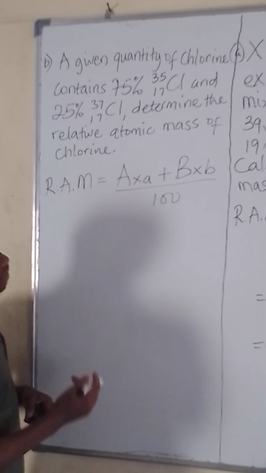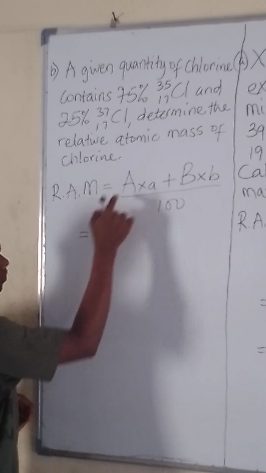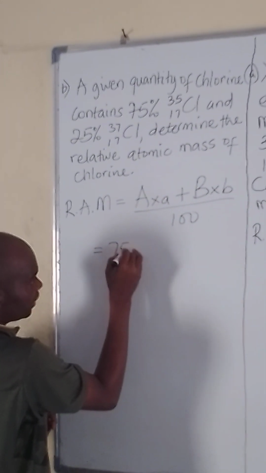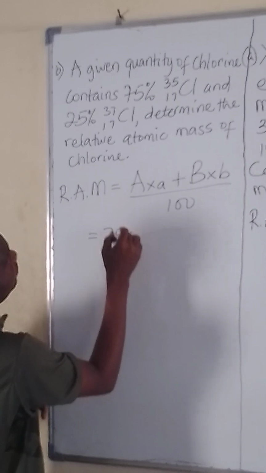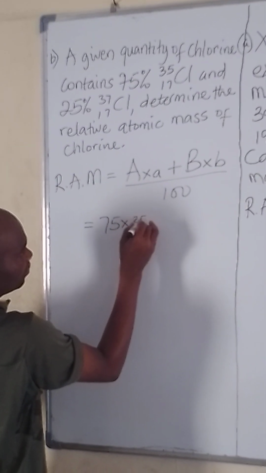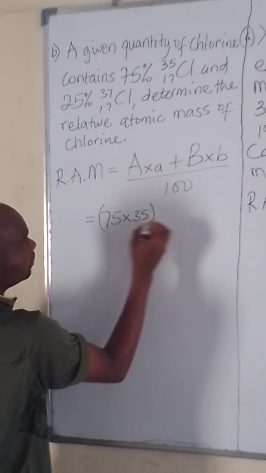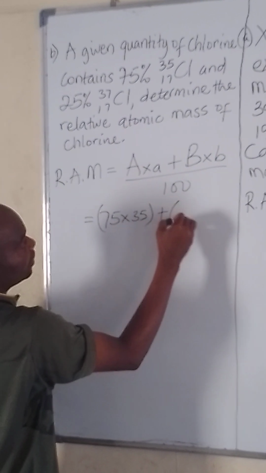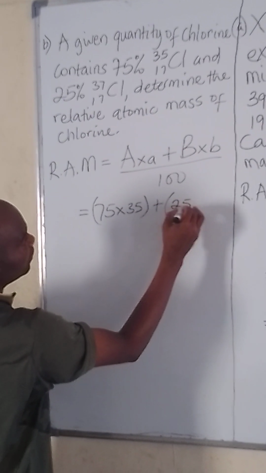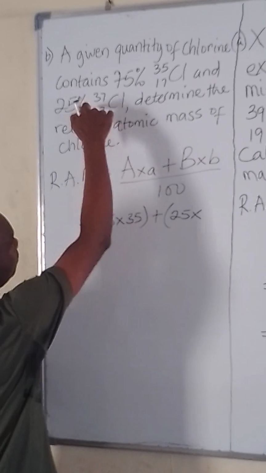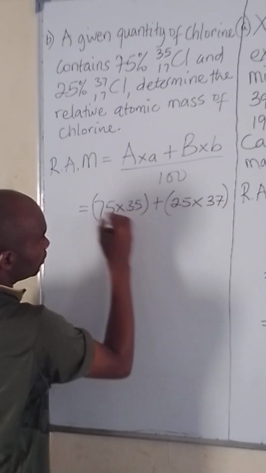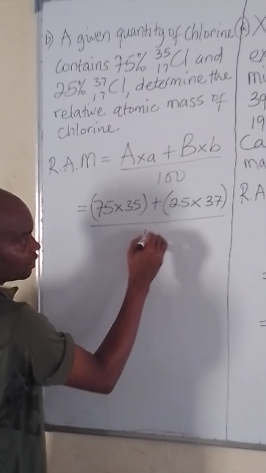And by substitution, capital A is 75 times small a is 35 plus capital B is 25 times small b is 37 all over 100.